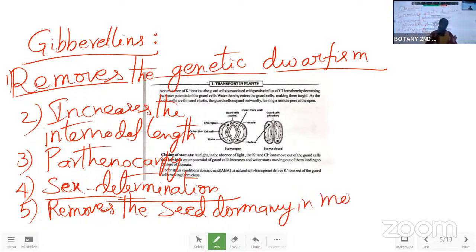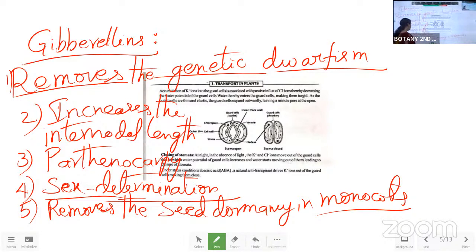in monocots, especially in the monocot plants. Example, rice, wheat, etc. In them, if we treat the seeds with the gibberellins, then they remove the seed dormancy period and make the seeds show growth very fast.